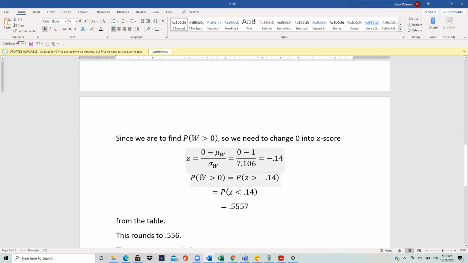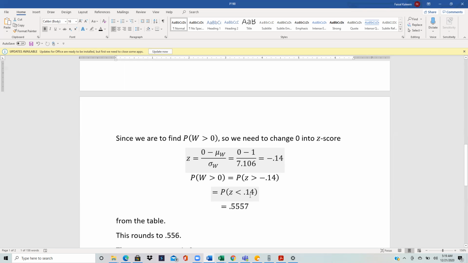So probability W greater than 0 equals probability z greater than negative 0.14. Note that this is a lowercase z, which is for the z-score. That is different from the uppercase Z, which we are using in this problem for the lifetime of the third refrigerator. So z greater than negative 0.14 is the same as z less than 0.14 by symmetry of normal distribution.